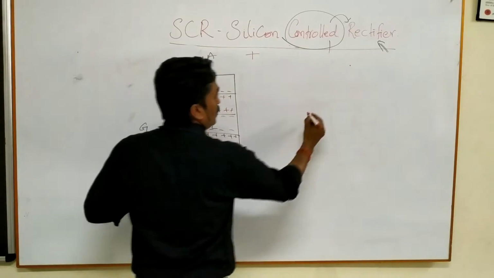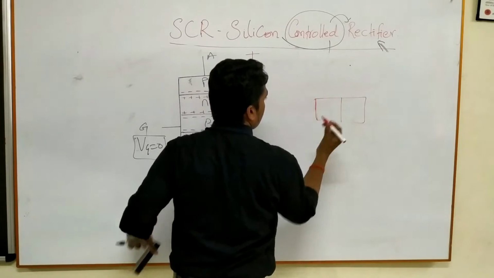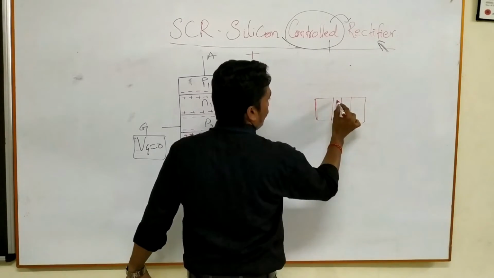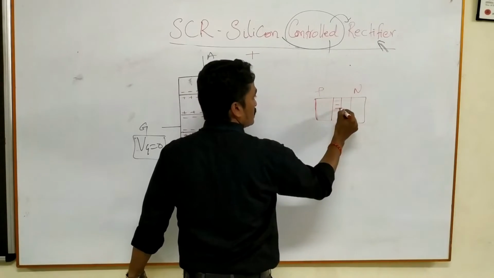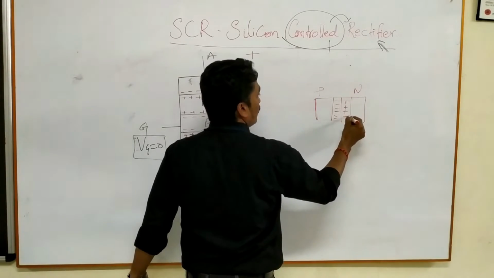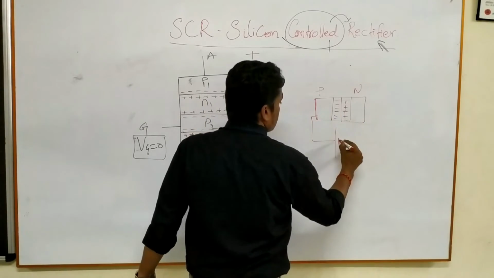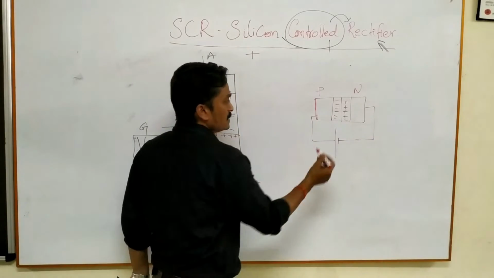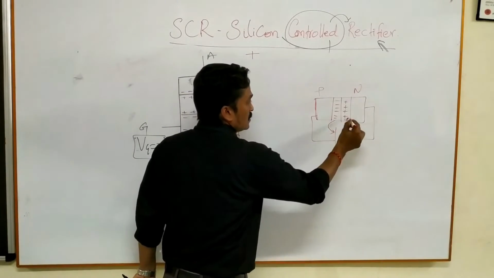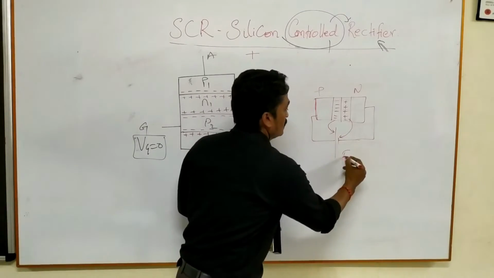Now, if we apply positive, negative VAK like this, then what will happen in the junction? According to the junction potential barrier, we can define forward bias or reverse bias. For example, if it is PN, N is coming this side and holes are created like this. If we apply the polarity positive to this side and negative to this side, opposite to these two terminals, this is actually nothing but the forward bias, correct?